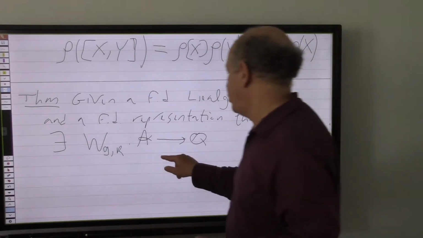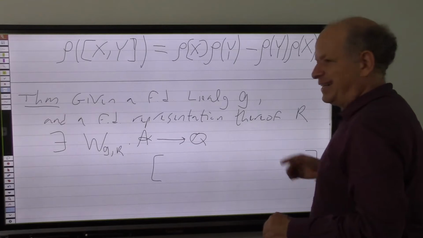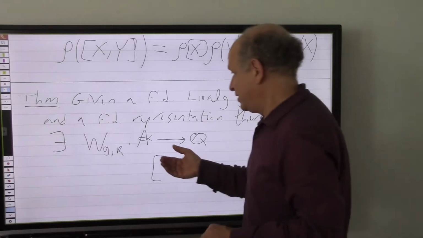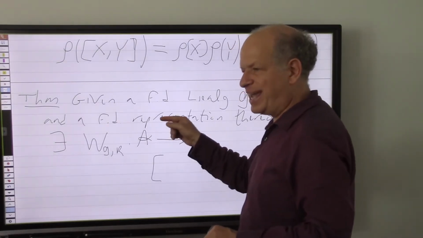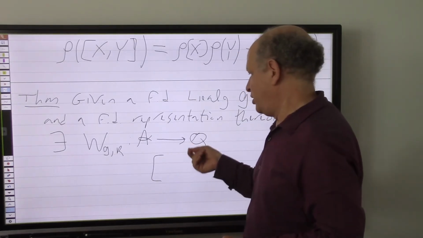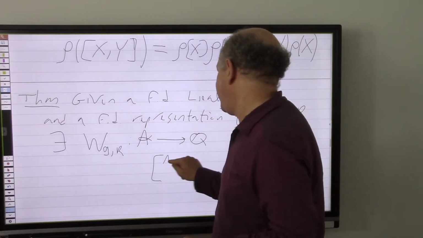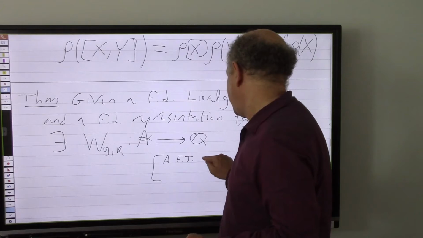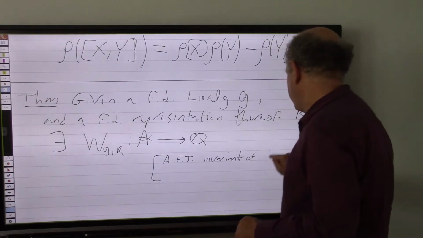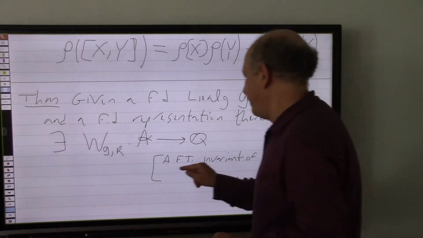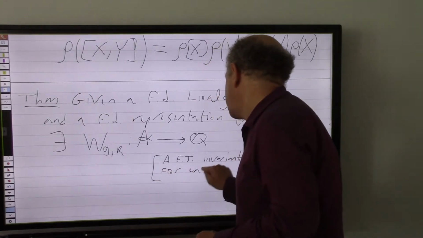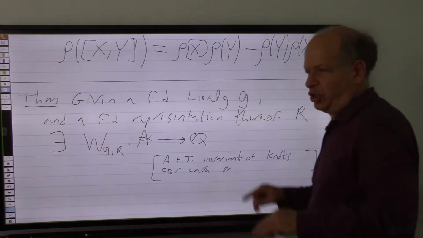Which means in particular, assuming the fundamental theorem, which again we haven't yet proven, that a functional on A is a functional on A_M for each M. So this means a finite type invariant of knots, but not just one, for each number M. So lots and lots of them.